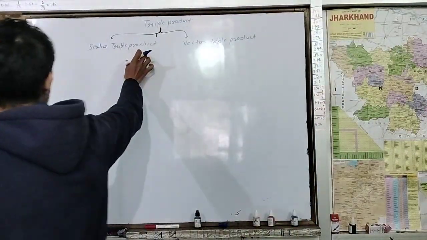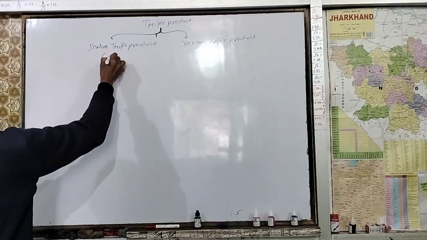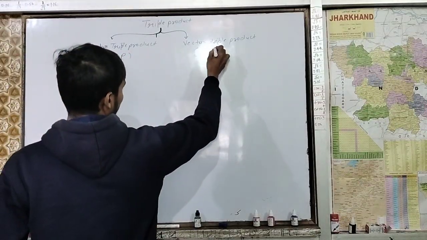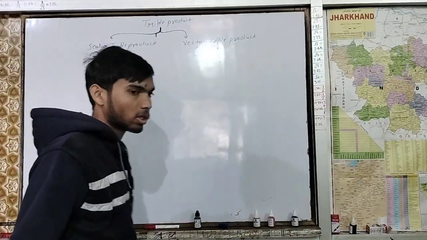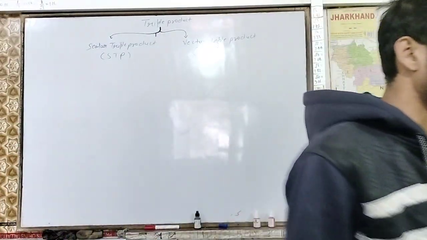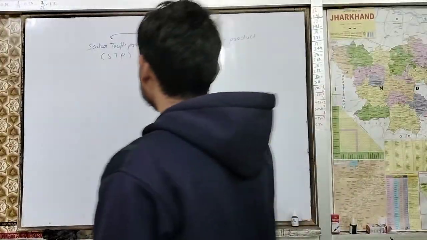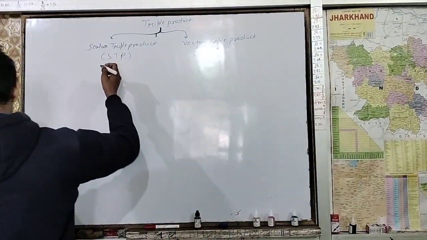This is written in short form STP and this by VTP. So S means scalar, T means triple, P means product. So we are starting from a scalar triple product.